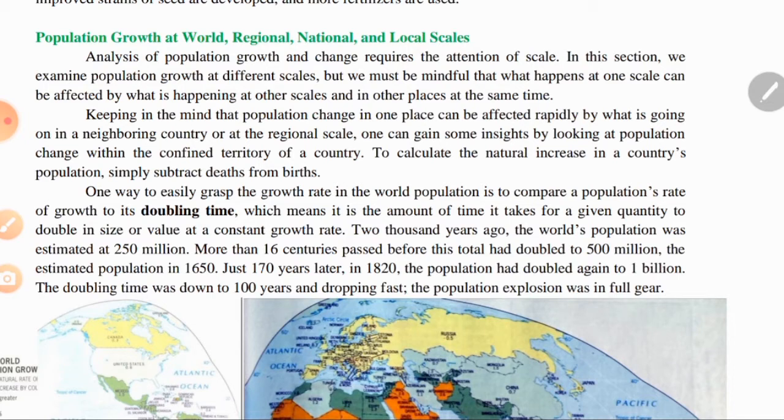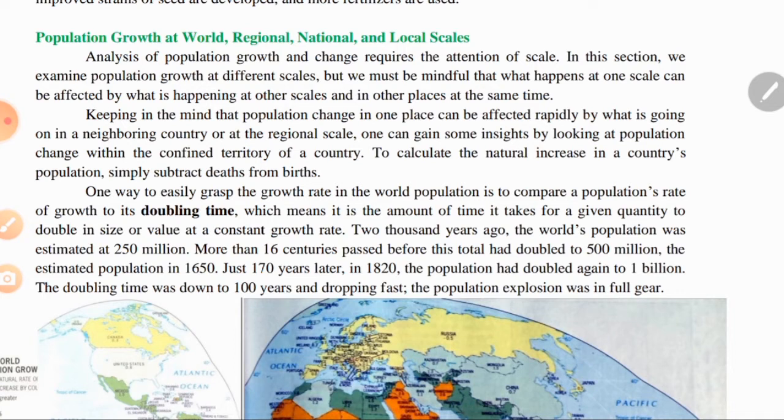And to calculate the natural increase, we simply subtract the deaths from the births. This is kind of a simple statistic to calculate and comprehend. However, calculating the natural increase misses two other components in a country's population.